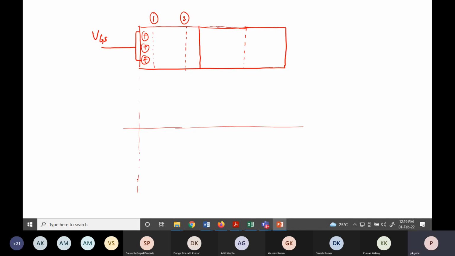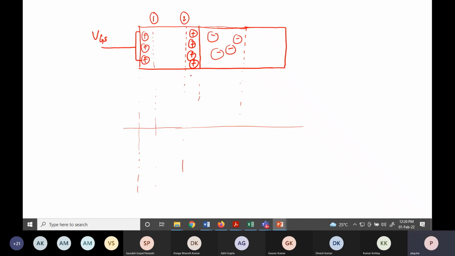So let me draw the electric field. There are positive immobile ions here, and negative immobile ions here, right?